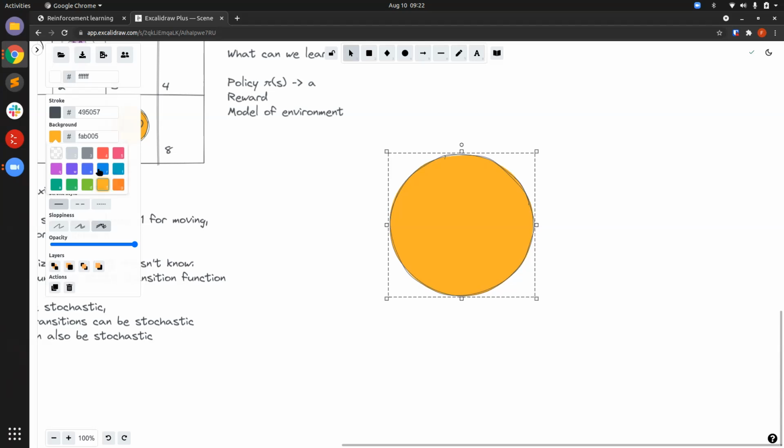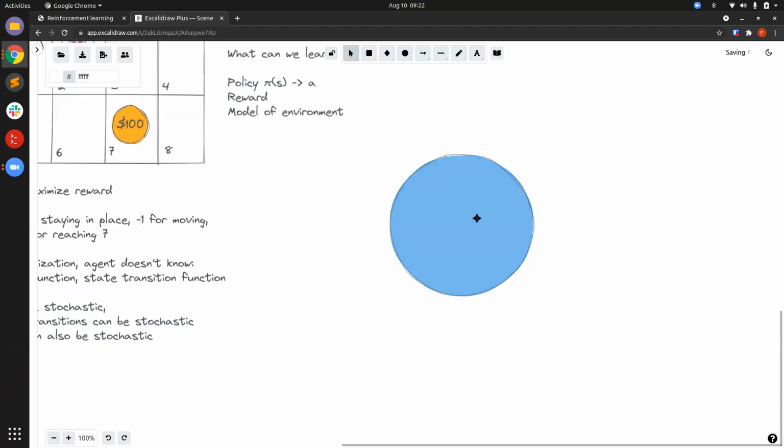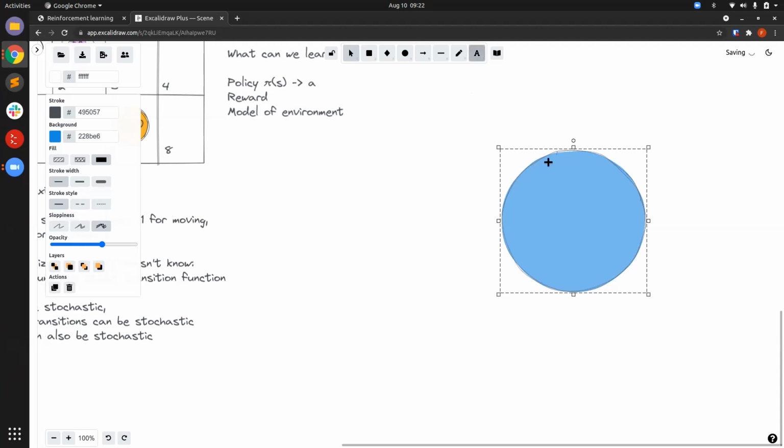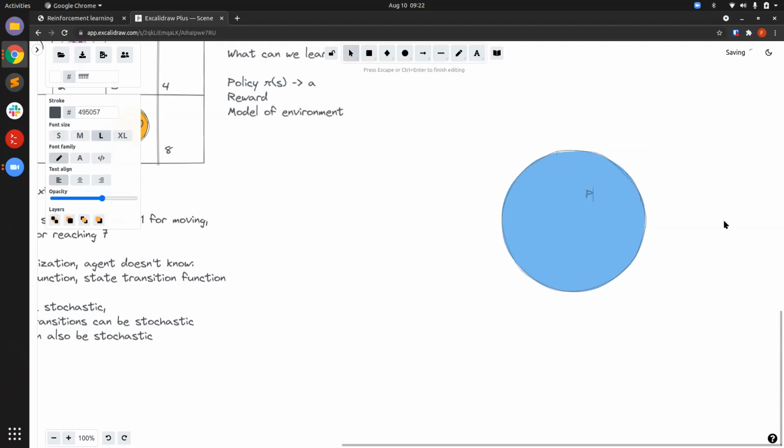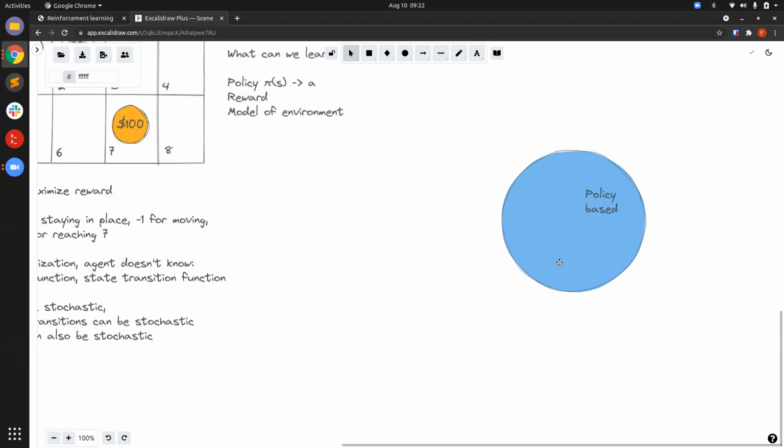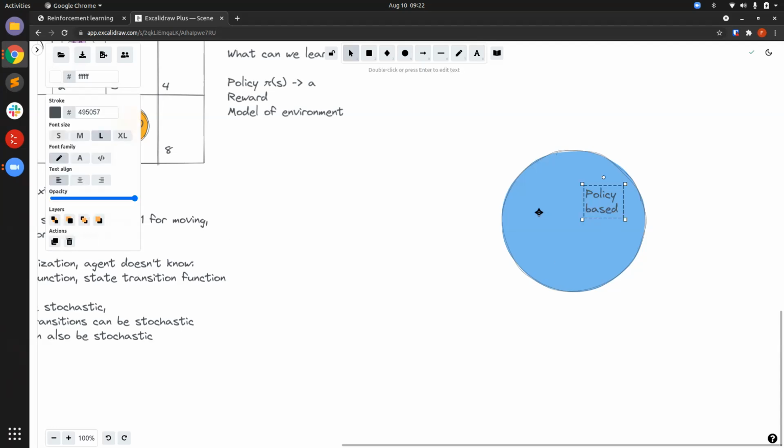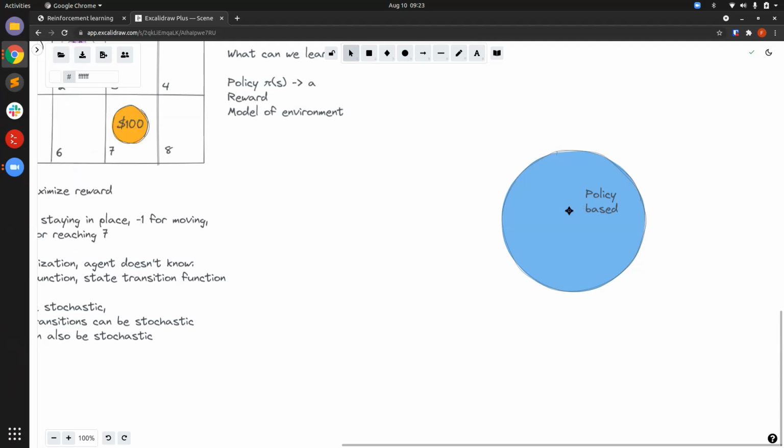Okay. So on the one hand, we have, let's say, some policy-based models. A policy-based model will try to build an explicit representation of the policy. So we'll try to explicitly learn some mapping from states to actions.